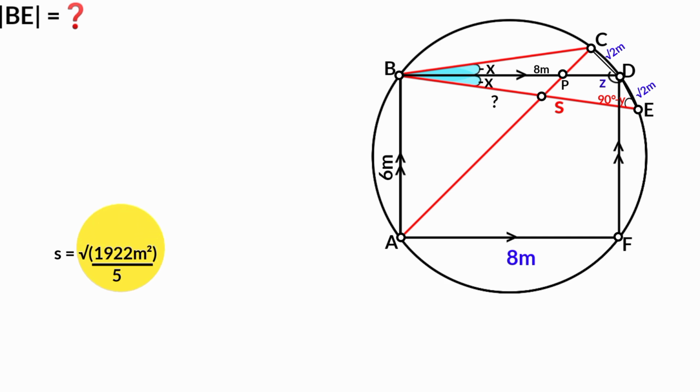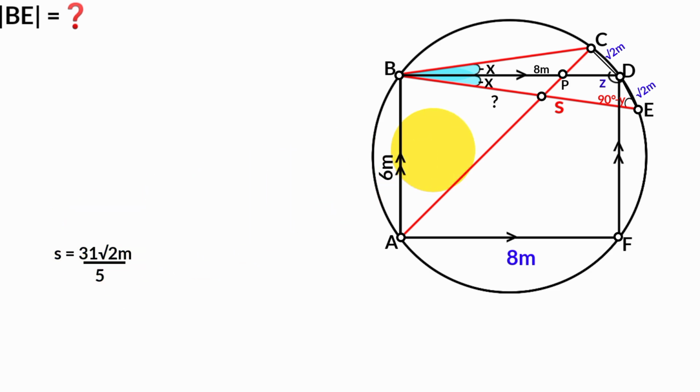Square root of 1922 meters squared: since 1922 meters squared is 961 meters squared times 2, the square root of 961 meters squared times 2 is the square root of 961 meters squared times root 2. The square root of 961 meters squared is 31 meters. 31 meters times root 2 is 31 root 2 meters. So s equals 31 root 2 meters over 5.